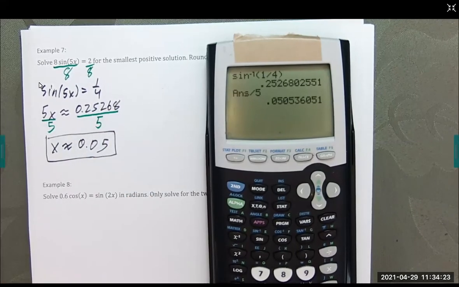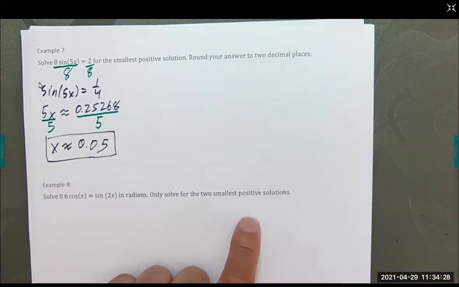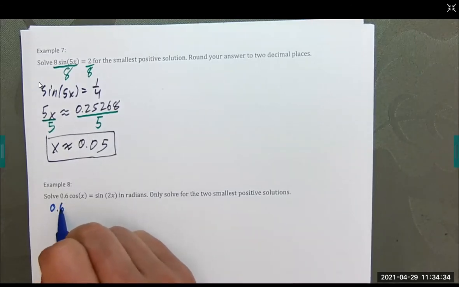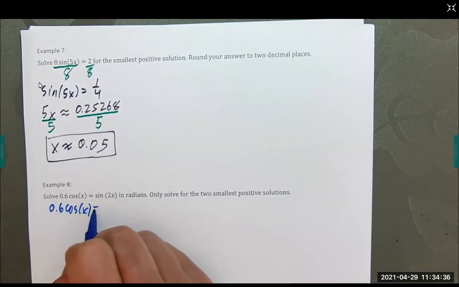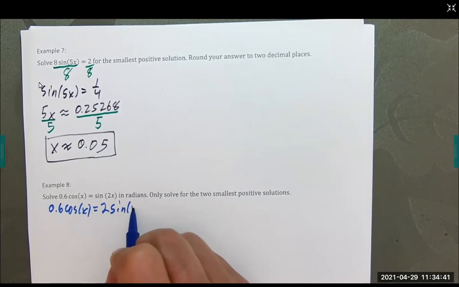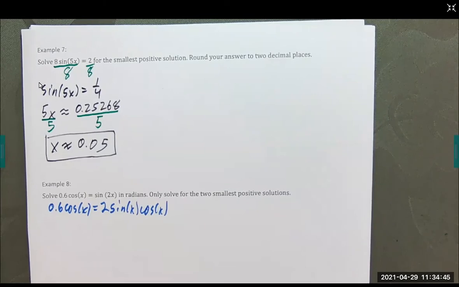For the last one, we're going to get the 2 smallest positive solutions. And I'm going to rewrite this as 2 sine x cosine x. And what I can do is move this to the right or this to the left, it doesn't matter.